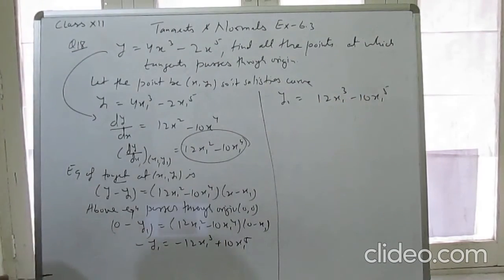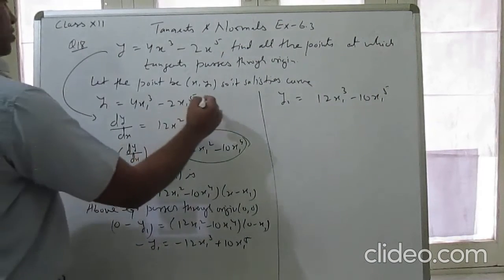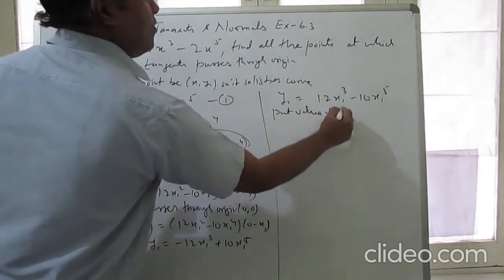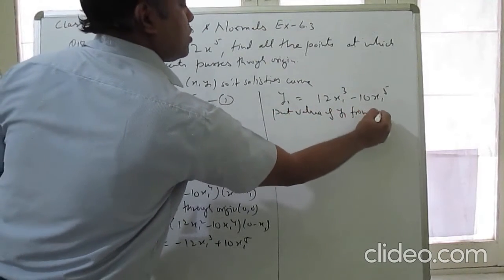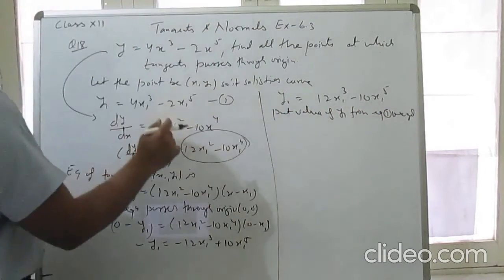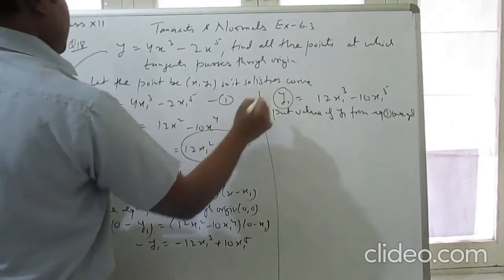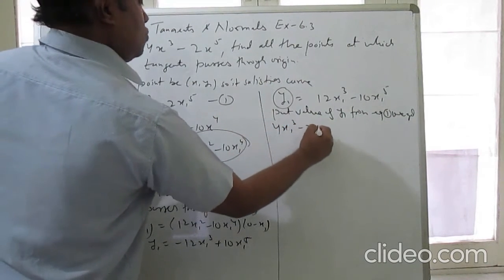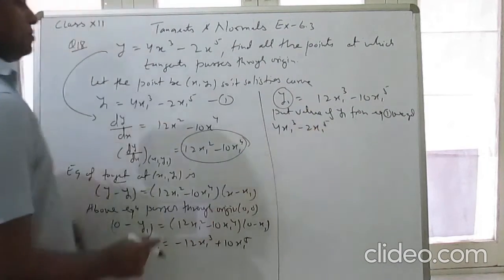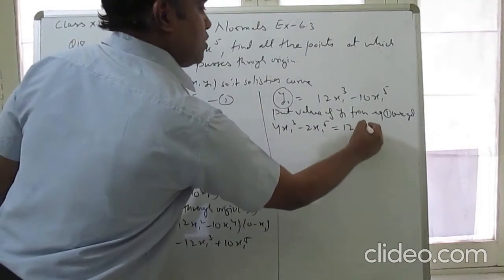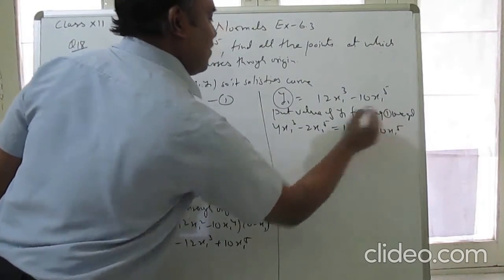Now put the value of y1 from equation 1. Instead of y1 you can write 4x1 cube minus 2x1 to the power 5 is equal to 12x1 cube minus 10x1 to the power 5.